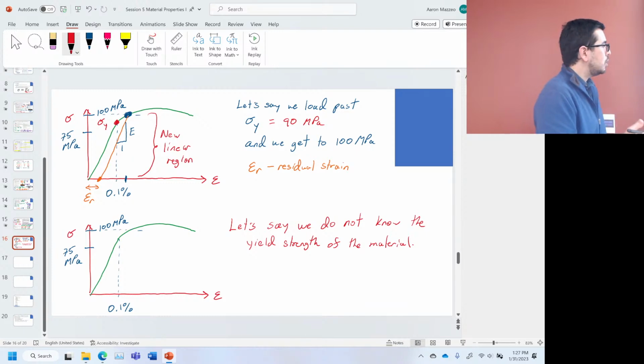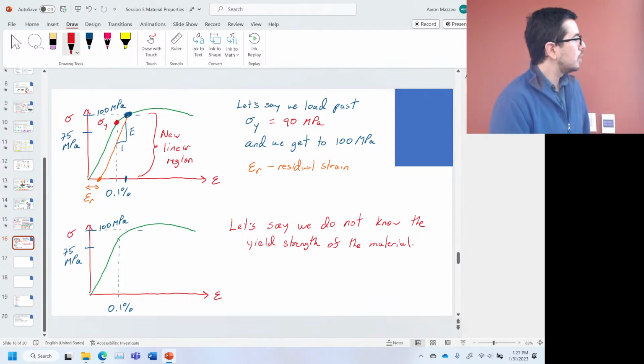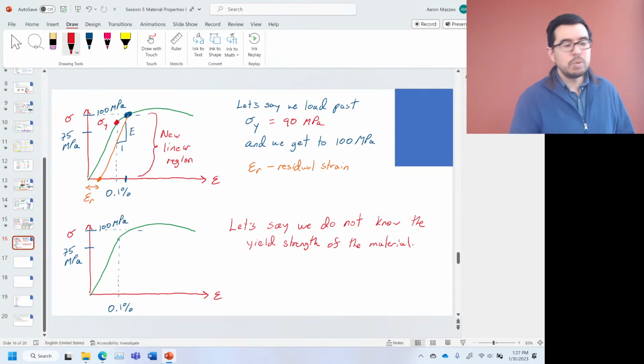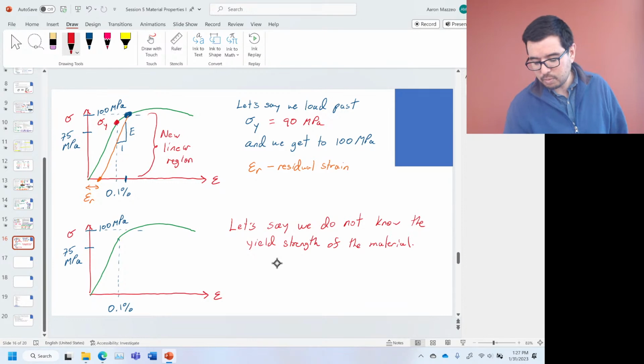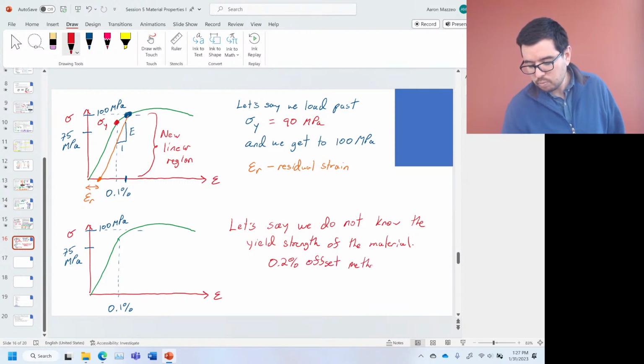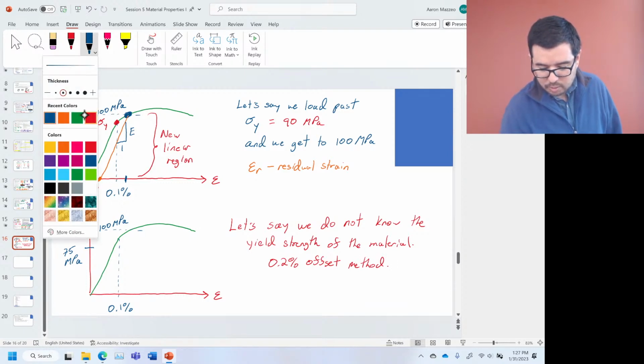What you do is you apply this general rule. It's called the 0.2% offset rule, or method.